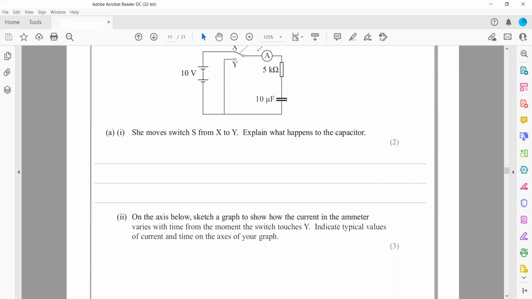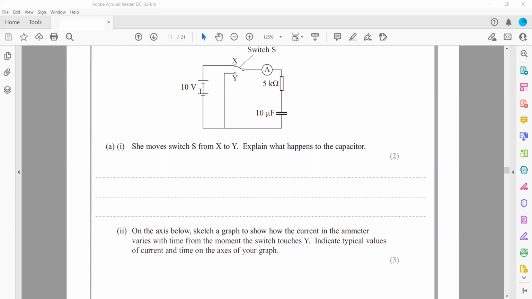What is the maximum value of the current, and how can we work it out? When the switch is at position X in the beginning, all of the voltage is here and the capacitor is just about to charge. So all of the voltage is across the fixed resistor.